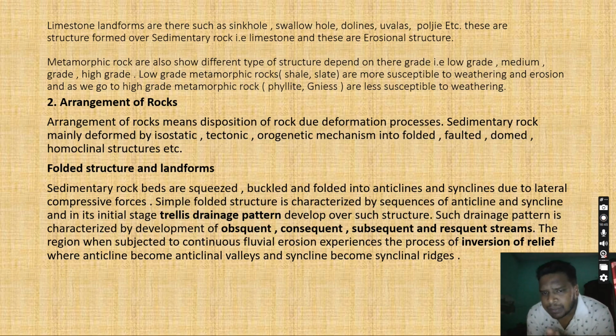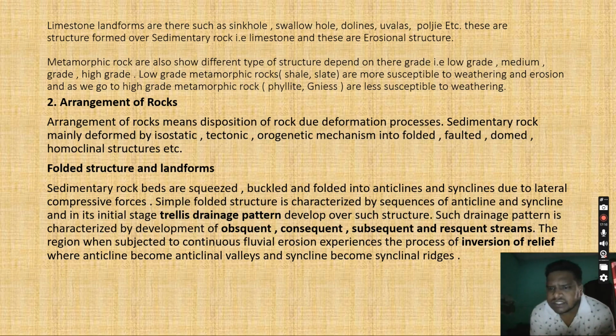Within nature, when such a structure develops, we have some streams flowing on the earth surface. They find their path. After they find their path, there is a phenomenon called inversion of relief found within such a sequence of anticlines and synclines.